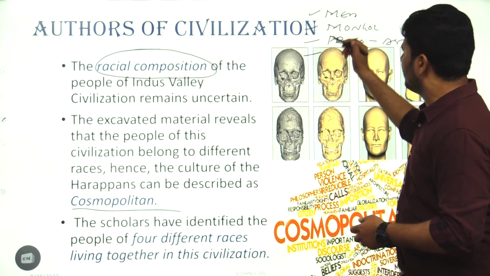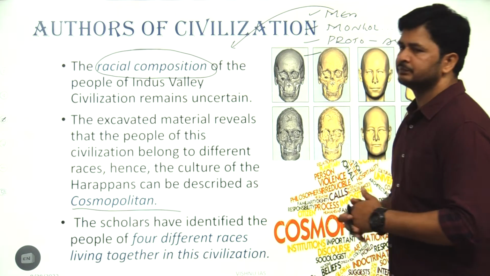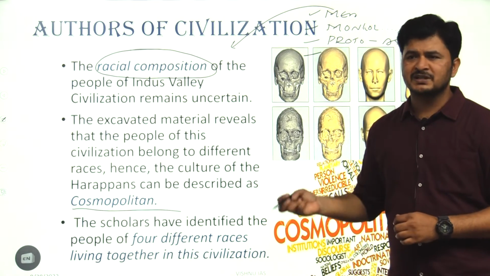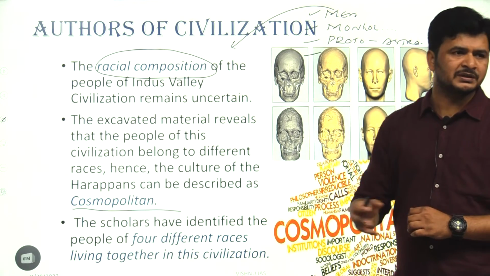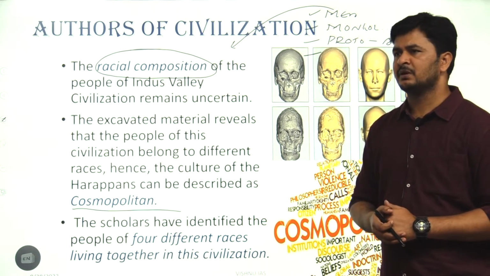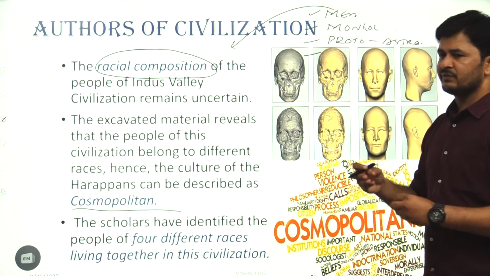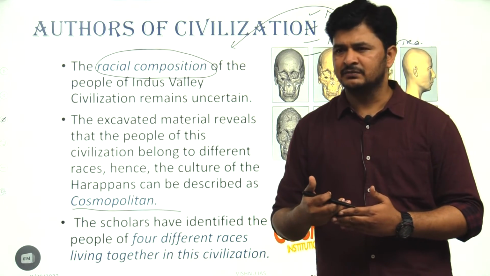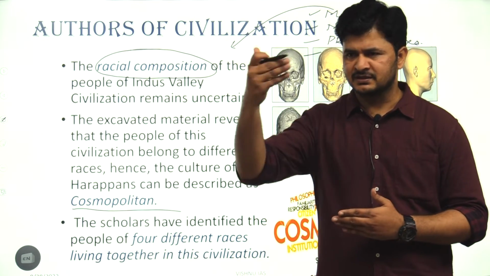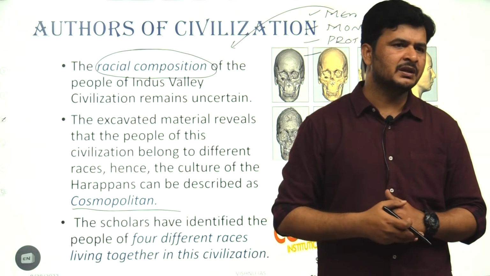When it comes to Mediterranean, the best example is Indians, especially South Indians, we call them the Mediterranean race. When it comes to Proto-Australoid, we have the people of the Istan countries today, of Kazakhstan, Turkmenistan, Uzbekistan, and so on, we have a list of countries we call Istan countries.